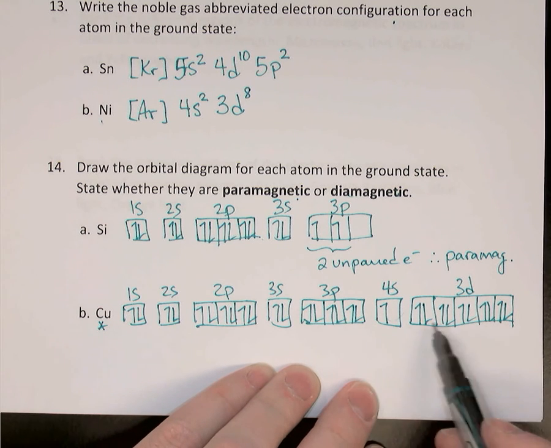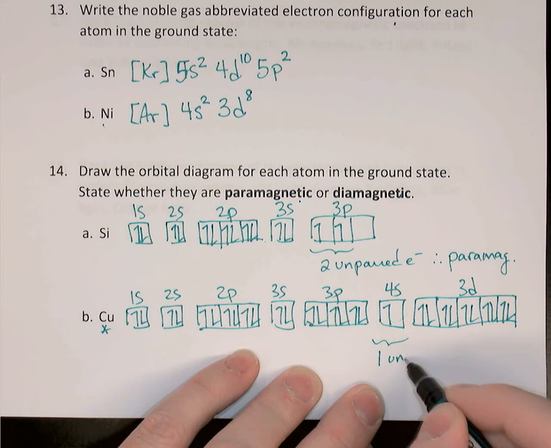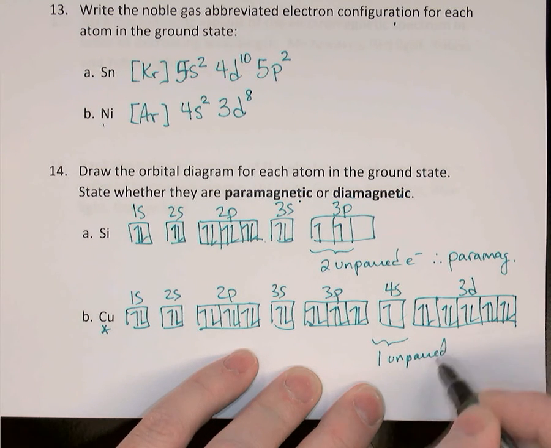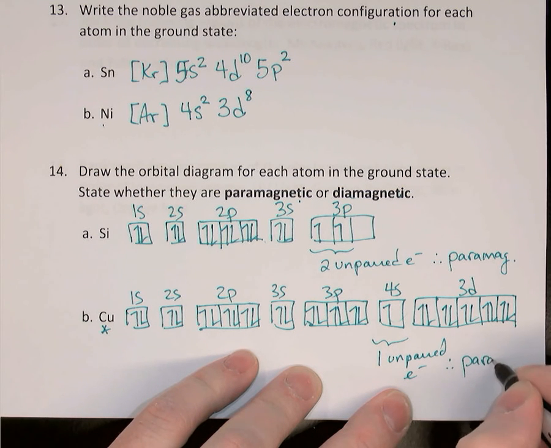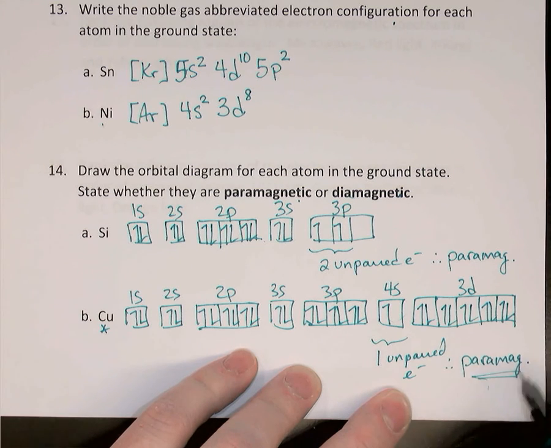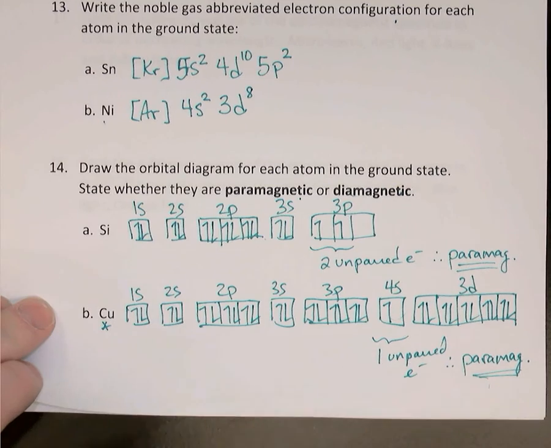So 4s1, 3d10. It has 1 unpaired electron, therefore it is paramagnetic. Okay? If there are no unpaired electrons, it would be diamagnetic.